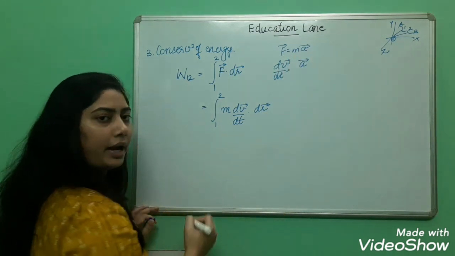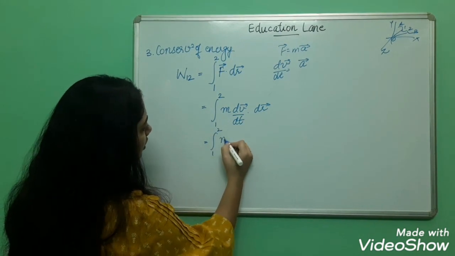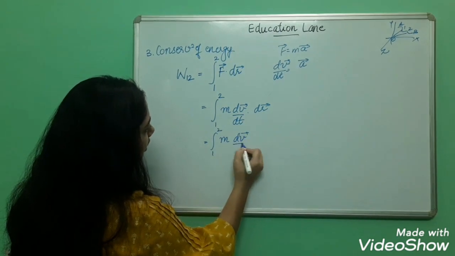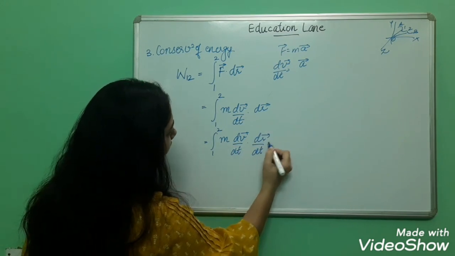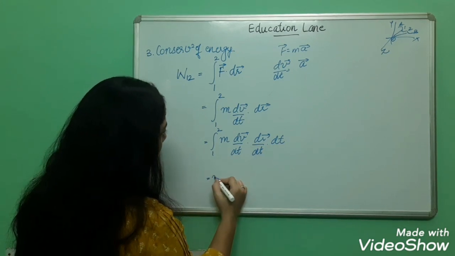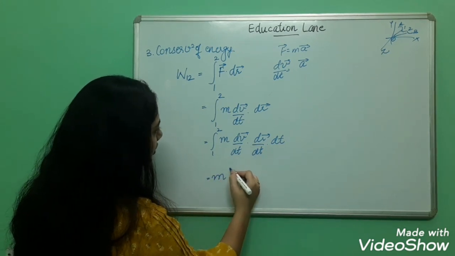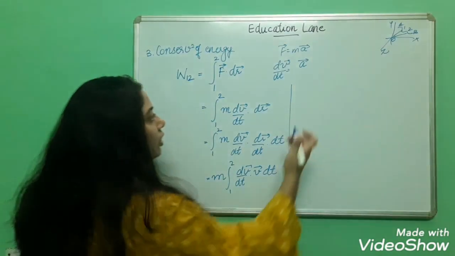So I write it directly like this: integral from 1 to 2 of m dv by dt dr. Multiply and divide by dt to integrate with respect to time. Take m out. Integral from 1 to 2 of dv dot v.